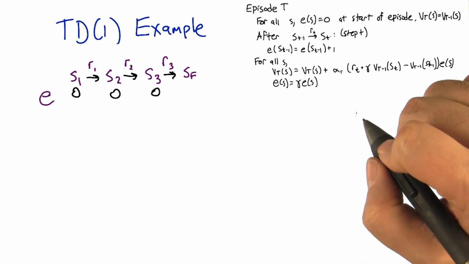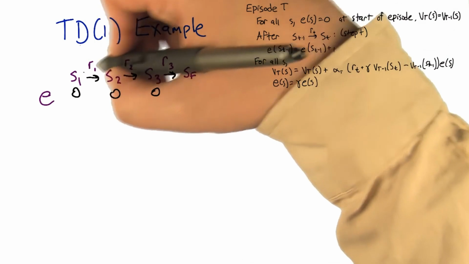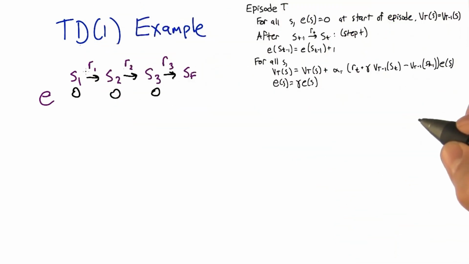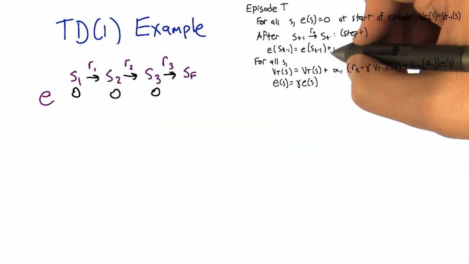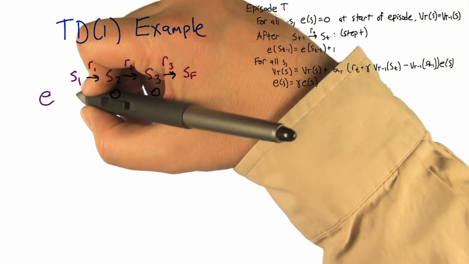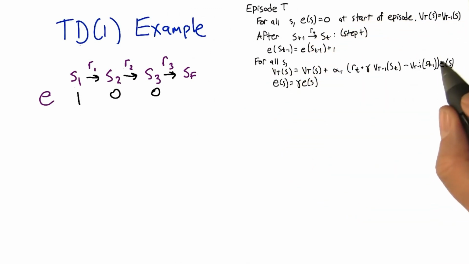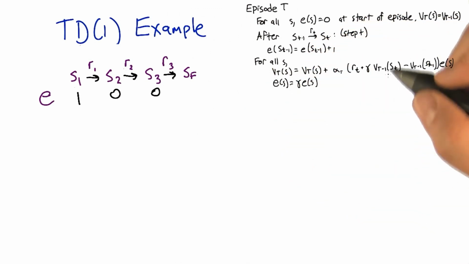All right, so now we make a transition, and the first transition we make is from S1 to S2 with reward R1. What does that do to the eligibility? Well, for S1, it sets the eligibility to 1. Good. All right, then we're now going to loop through all the states, all of them, and we're going to apply this same little update to all of them.